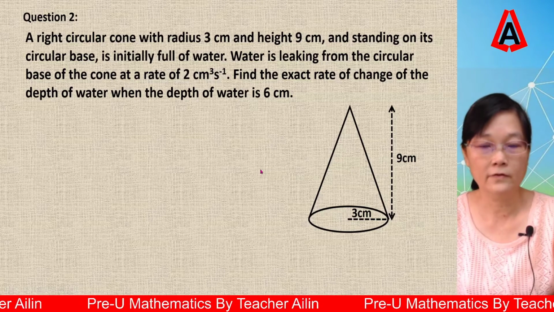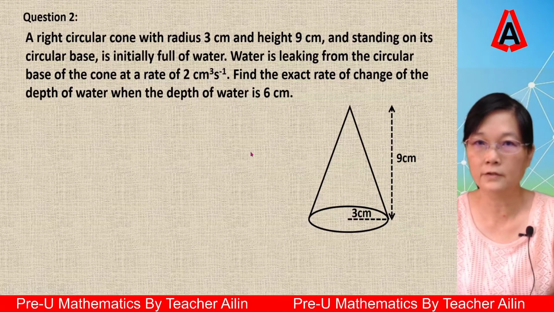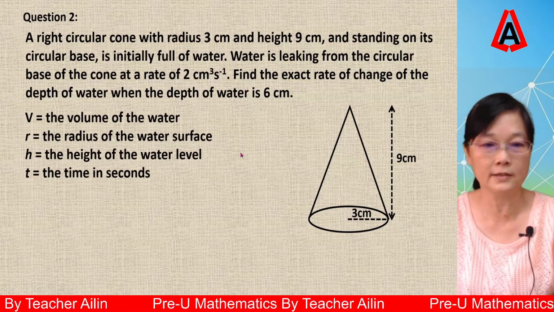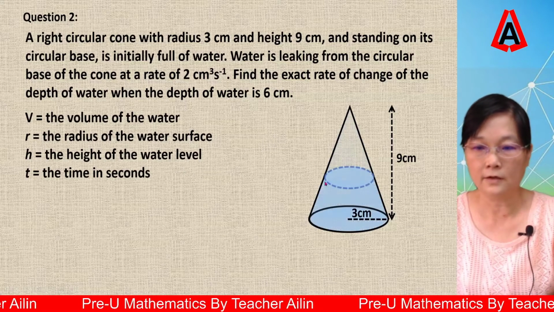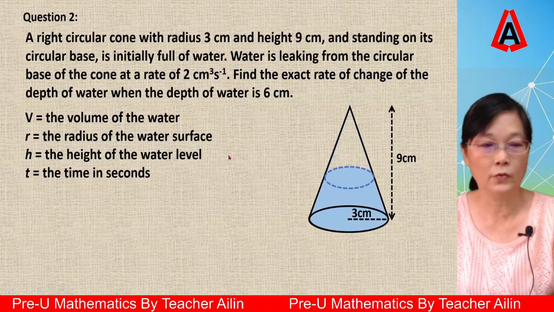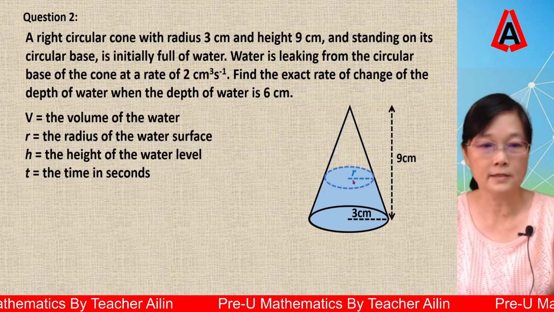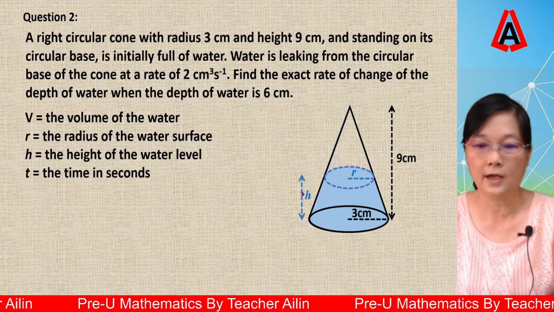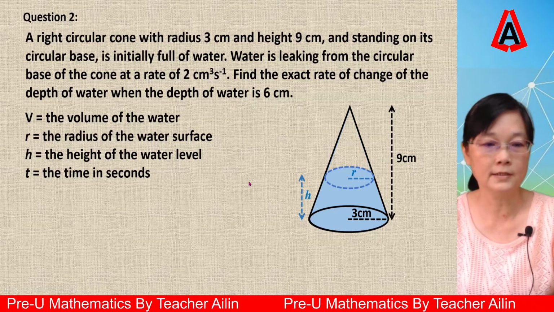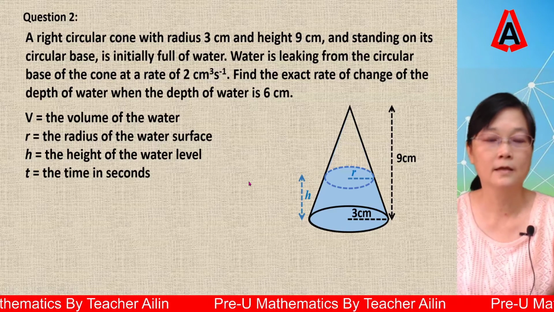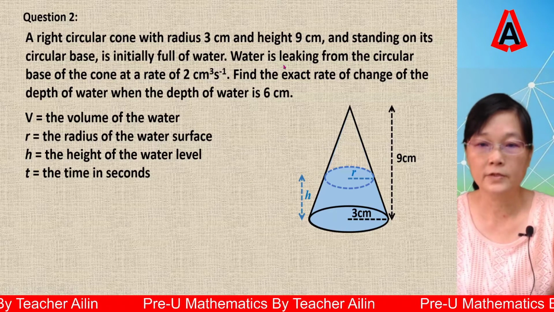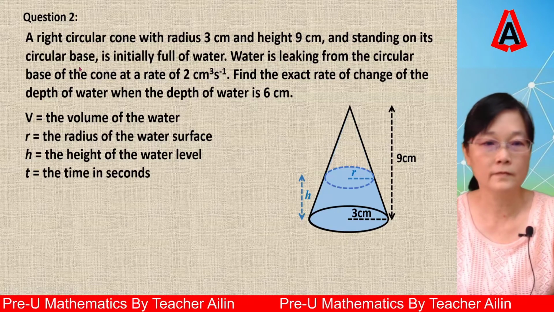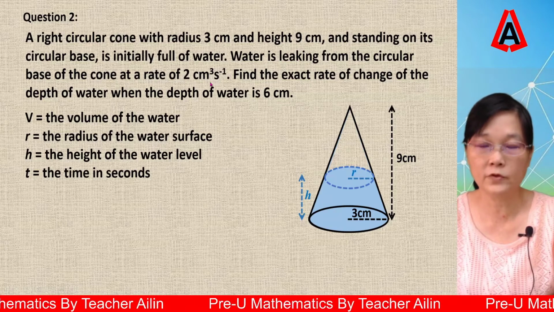And first of all, of course, we are going to define all the variables that we are going to use in the calculation later. V is the volume of the water in the cone, and r is the radius of the water surface. h is the height of the water, and t is the time in seconds. So, from the question, we are given that the water is leaking out at the rate of 2 cm cubed per second.